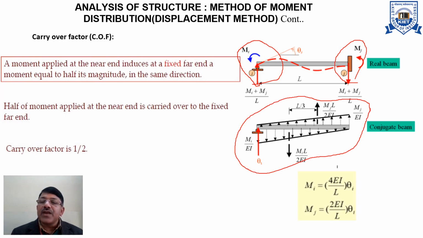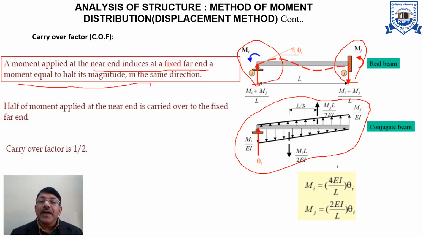the analogous conjugate beam, when the moment Mi has been applied here and moment Mj has been induced at the end B. Then it is noticed that a moment applied at the near end induces at a fixed far end a moment equal to half of its magnitude and in the same direction.